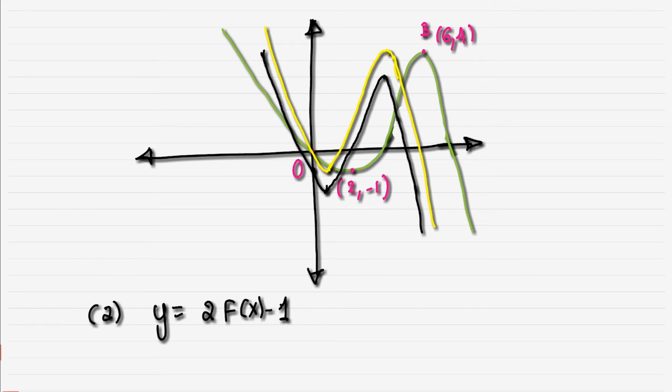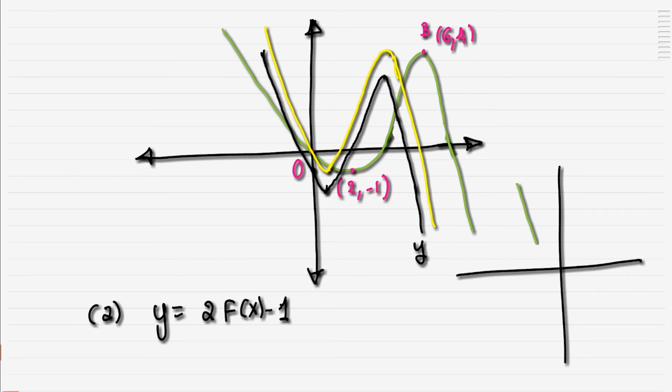So this here is your actual new y. And if you want to draw it properly, you're going to draw it here. You're going to say, okay, so my curve looks like this now.